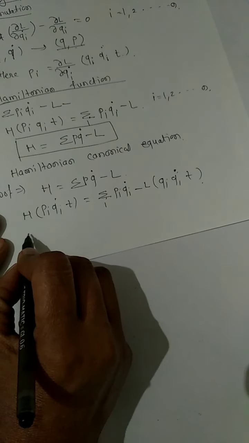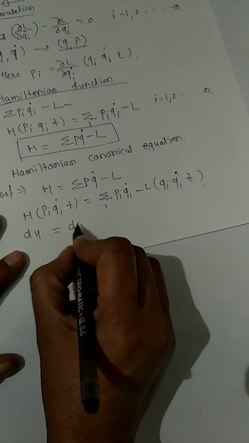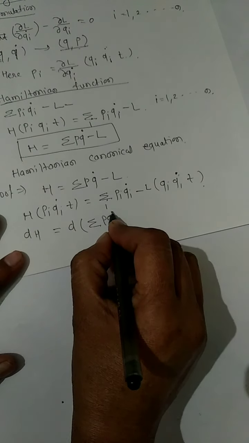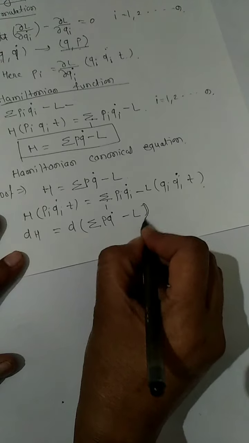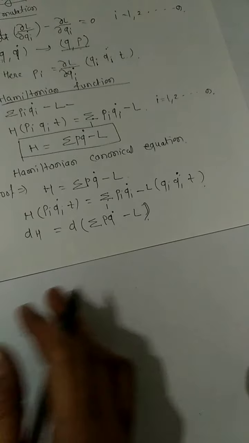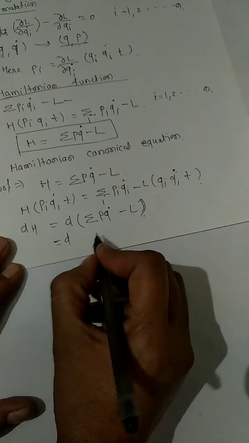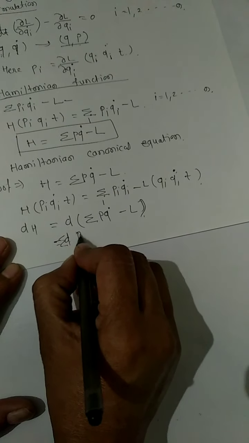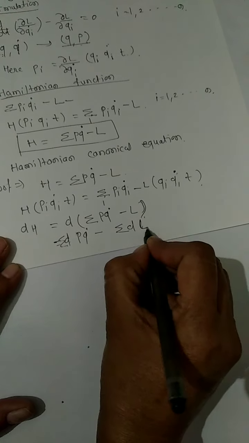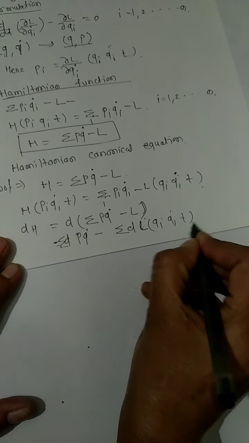From this we get the derivative: dH is equal to the derivative of the whole bracket, summation p q dot minus L. Separate this term and write the derivative of summation of p q dot minus the derivative of summation of L of qi, qi dot, t.